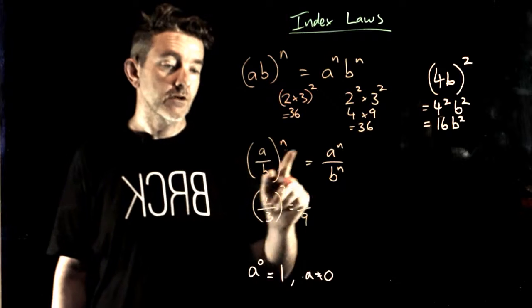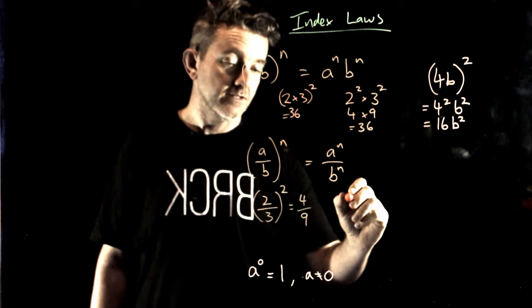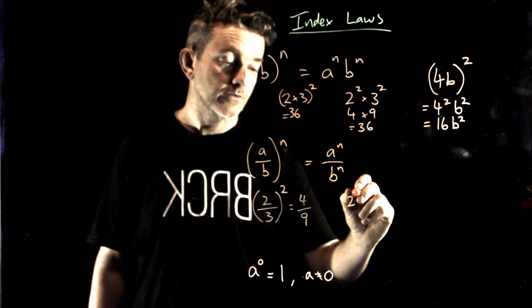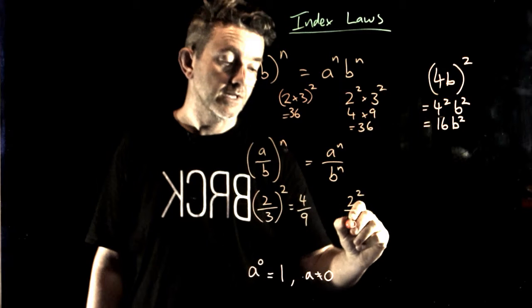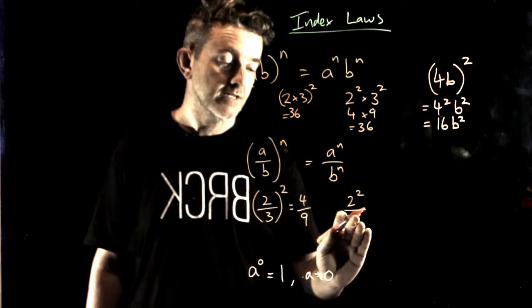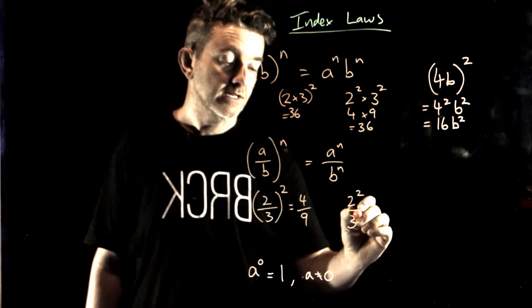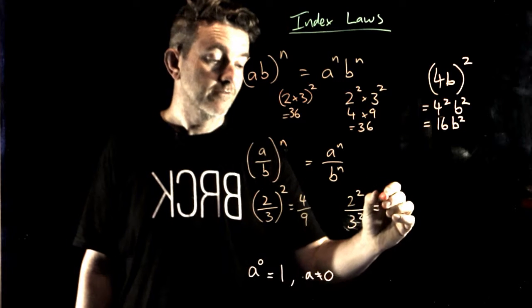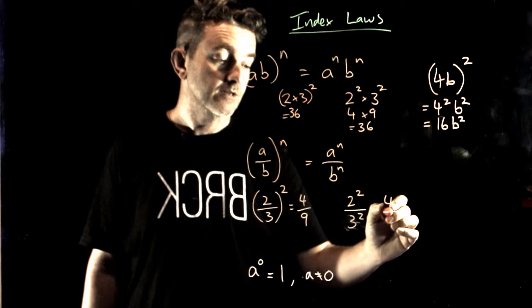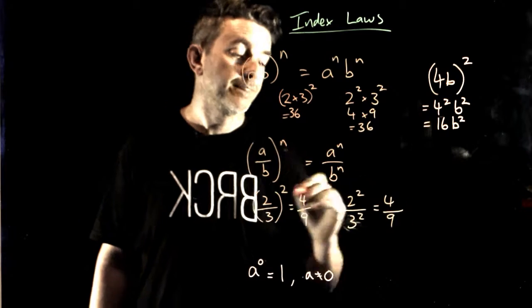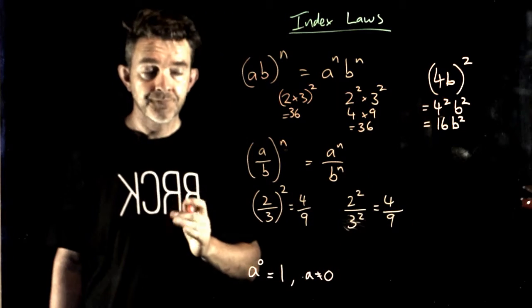Now, if I look at it over here, a squared is 2 squared over b, which is 3 squared. 2 squared equals 4, and 3 squared equals 9. Okay, 4 ninths, it's the same.